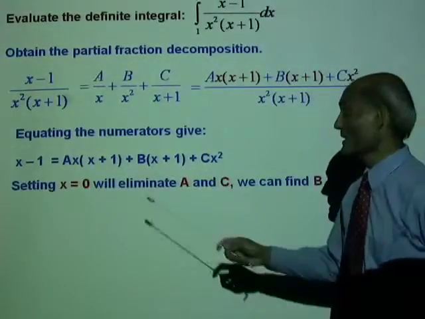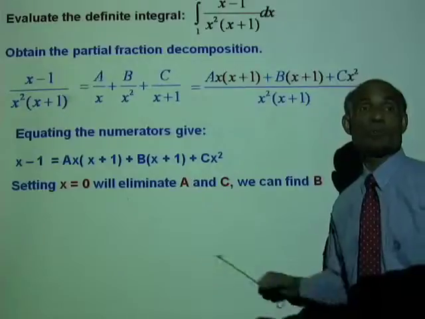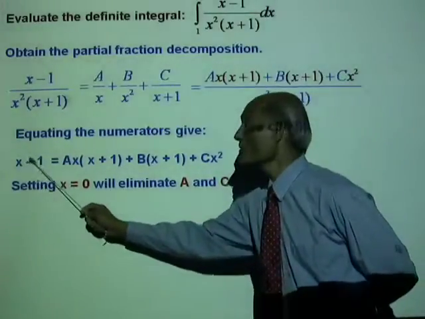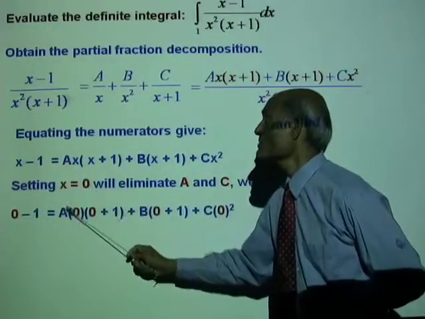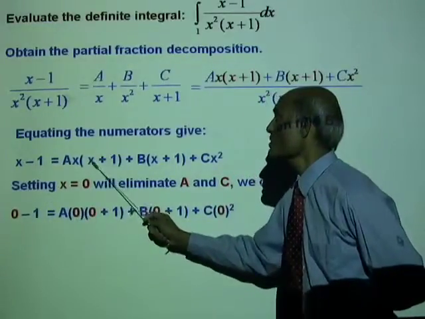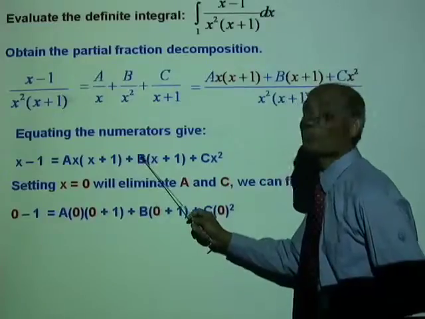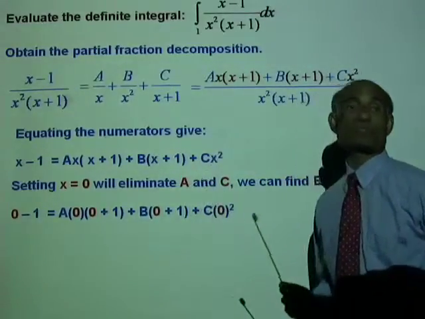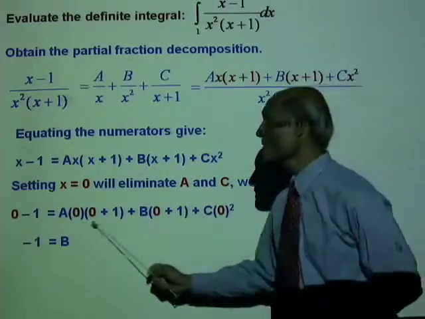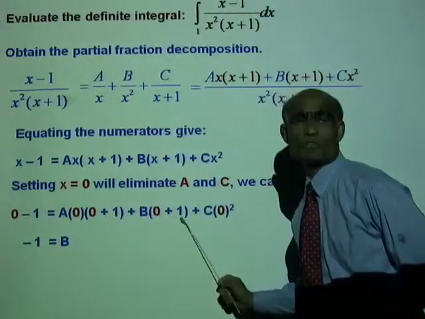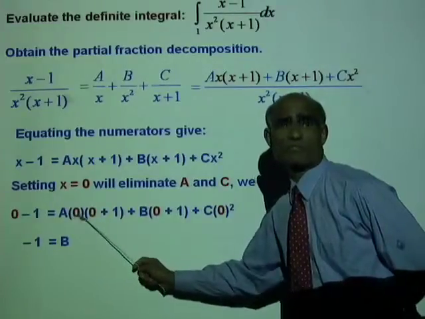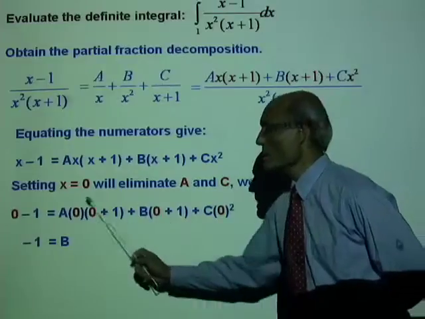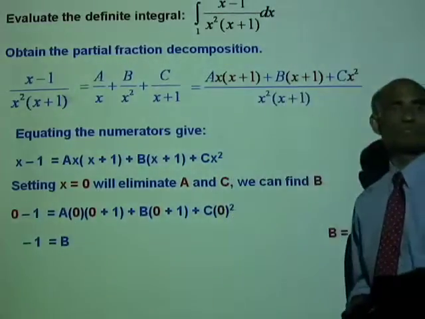So let's set x equal to 0 so that we eliminate A and C. It will give you 0 minus 1 equal to A times 0 times 0 plus 1 plus B times 0 plus 1 plus C times 0 squared. I'm going to leave it to you to figure out the simplification. Of course, that will go, this is B, and that gives you B equal to -1.